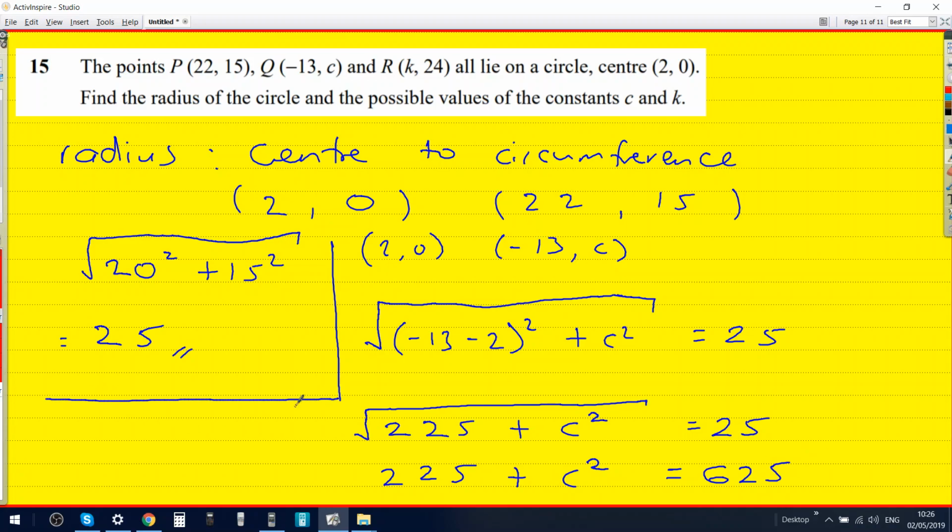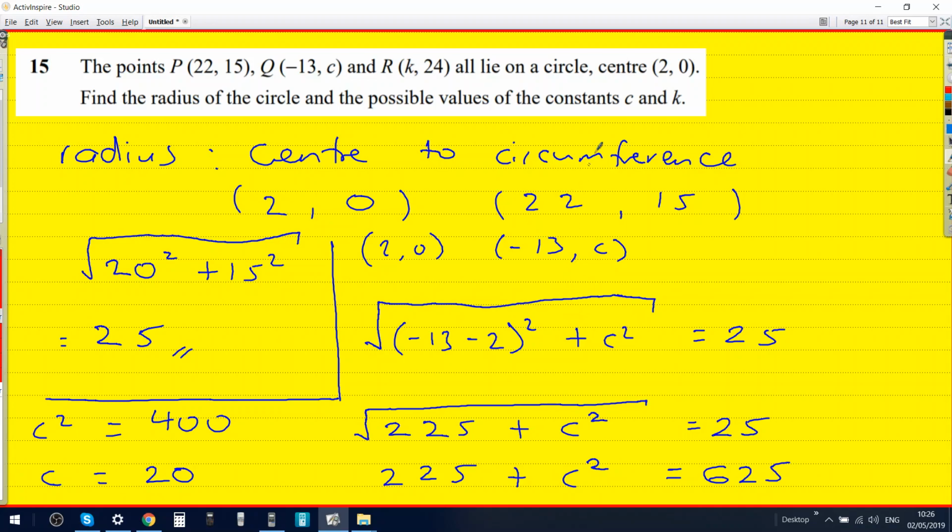And then minus 225. Mm-hmm. Right, is 400. So C must equal 20. So C is 20, technically 20 or minus 20, but it's just a radius, so it's 20.